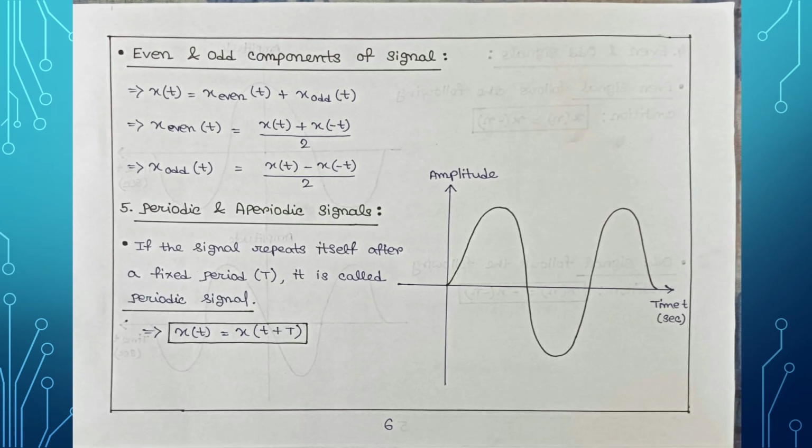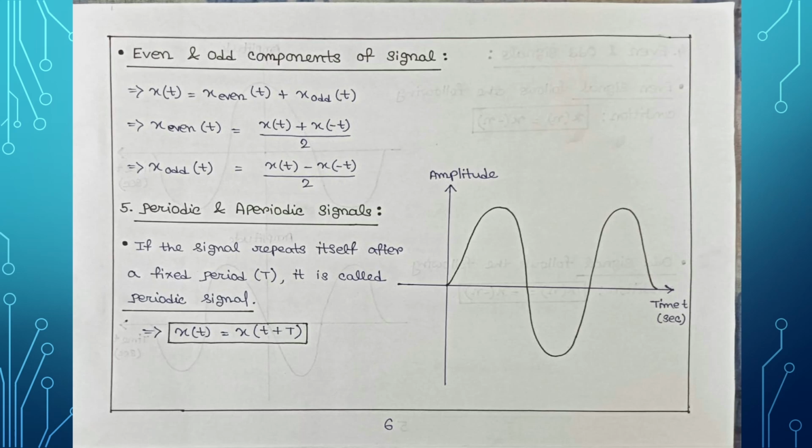Now I will explain the fifth classification, which is periodic and aperiodic signals. If the signal repeats itself after a fixed period capital T, then it is called a periodic signal.